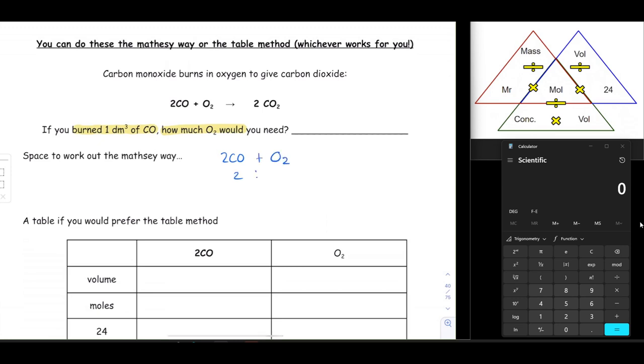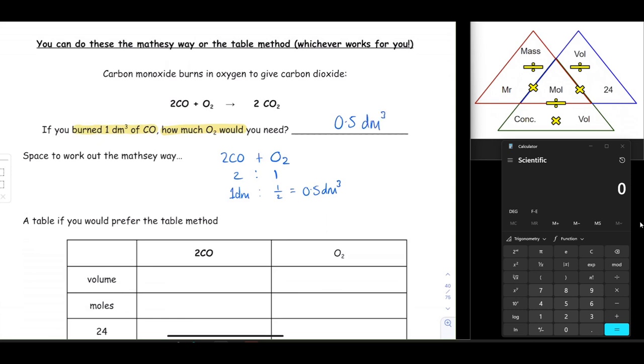So I've got a 2-to-1 ratio, and we know that equal volumes of gas contain the same number of molecules. So if I had 1 dm cubed, I'd have 1 over 2 because I've got half the amount, which would give me 0.5 decimeters cubed of oxygen. So my answer would be 0.5 decimeters cubed.